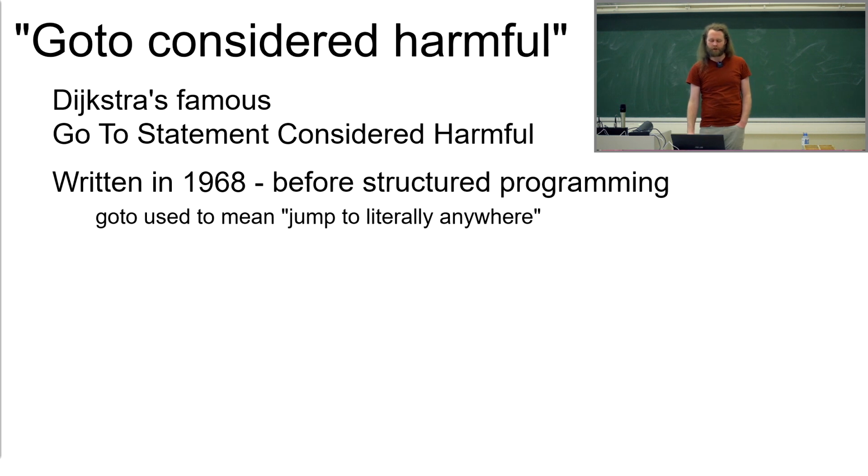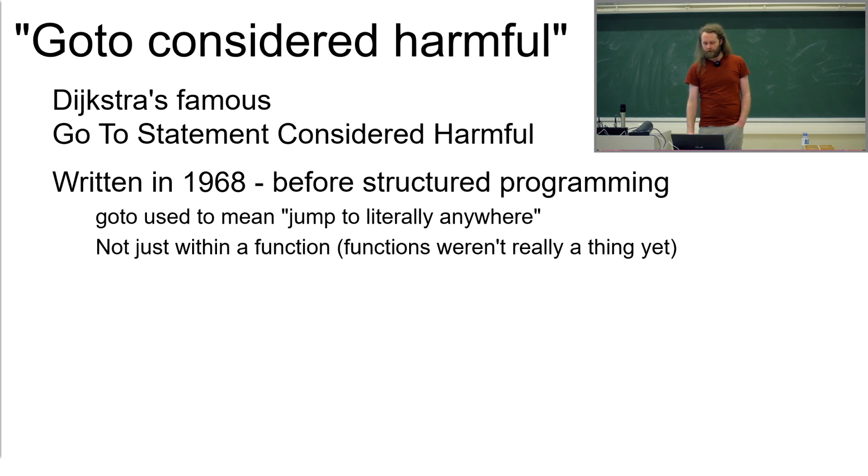You could jump there from anywhere. So it's not just a labeled goto within a function. It's not just a scope where it has to be in a constrained box. The gotos could be 600 lines away, 1,000 lines away, 100,000 lines away. It could be anywhere.